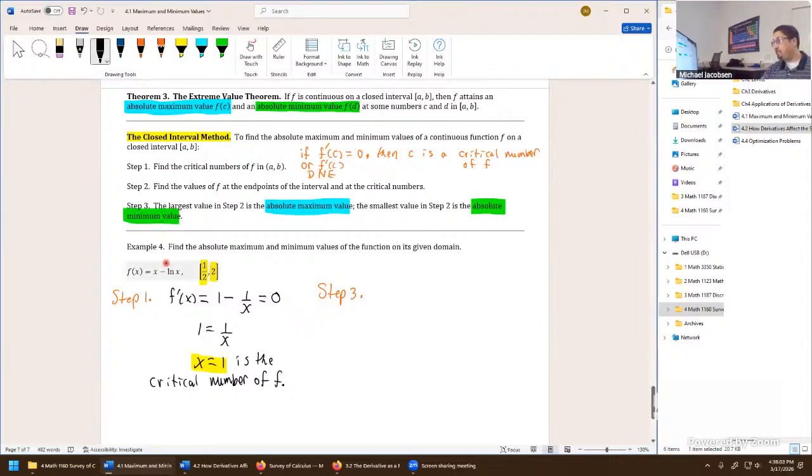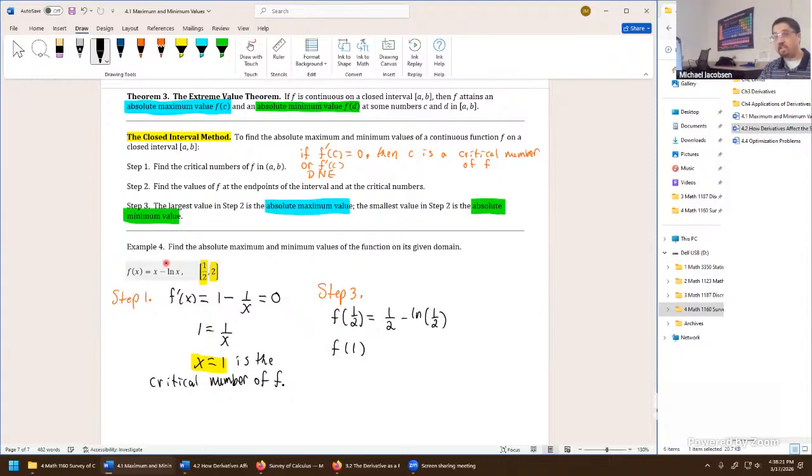So let's compute f at, let me try again, that's supposed to be a 1/2. F at 1/2, we're plugging 1/2 into that function there, giving us 1/2 minus natural log 1/2. Then we calculate f at 1. I'm going in order of the size of the numbers, so the critical number is next. F at 1's not so bad.